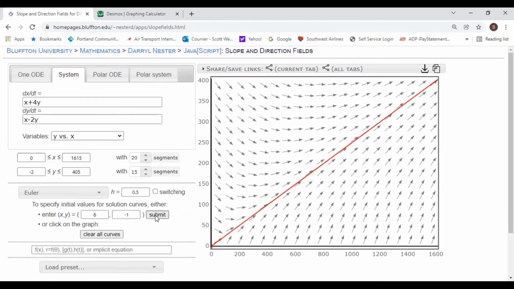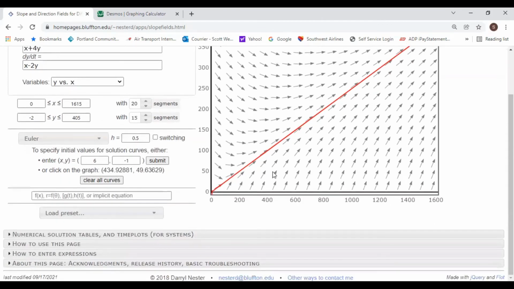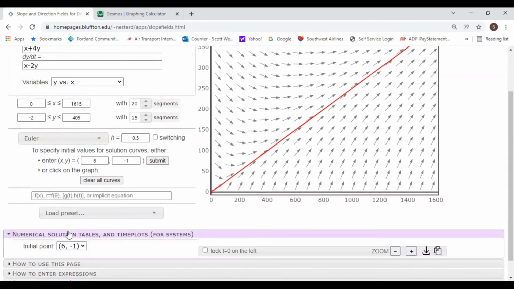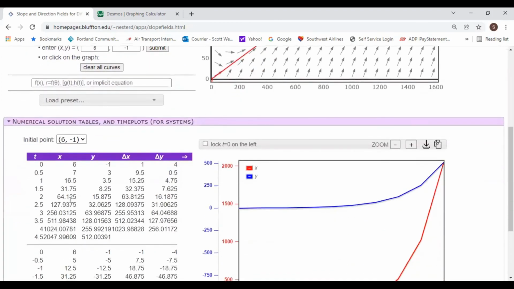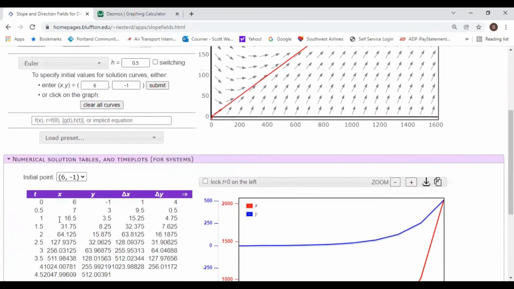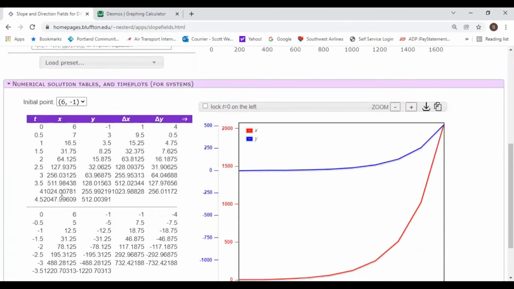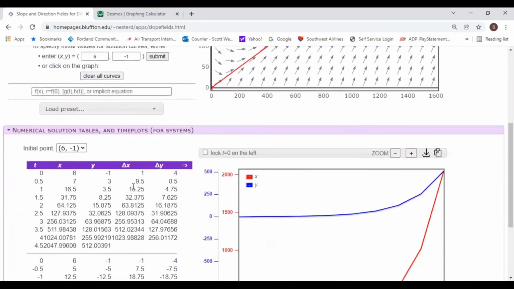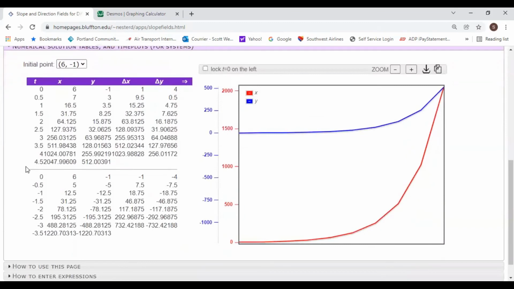All right, so it looks like pretty much a straight line going up that way. Looks like it's fitting the arrows pretty well, but of course we've got a pretty wide window on this. Now, if we go to the numerical solution table, you can see that we can get the t's and the x's and the y's up through the values displayed on the actual graph, as well as some going backwards in time.